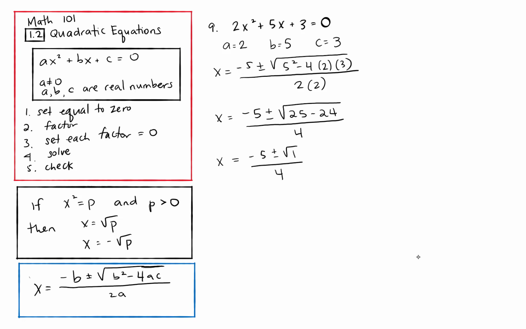We're going to write each of these separately and get x is equal to negative 5 plus 1 and x is equal to negative 5 minus 1. So you're going to get negative 4 over 4, in other words, negative 1. And over here I'm going to get negative 6 over 4, and I'm going to reduce that. I'm going to get negative 3/2.